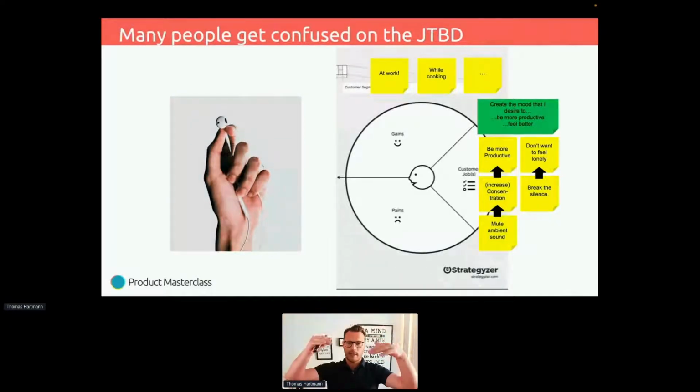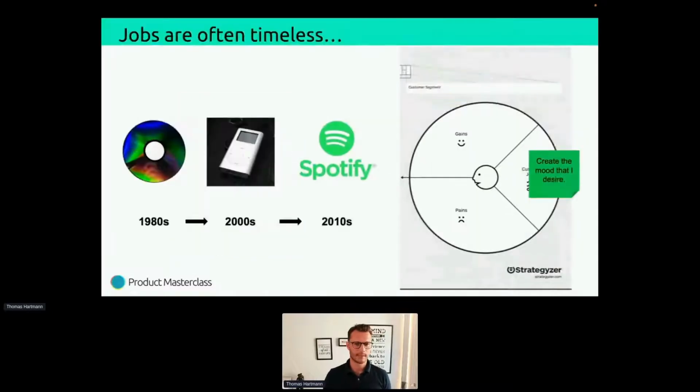So you go up the ladder, the different levels, until you come to something which is really significant. And this job to be done is often really timeless. To create the mood that I desire was fulfilled totally differently in the 80s with compact disc than in the 2000s with a hard disk. And now it is fulfilled differently with Spotify.